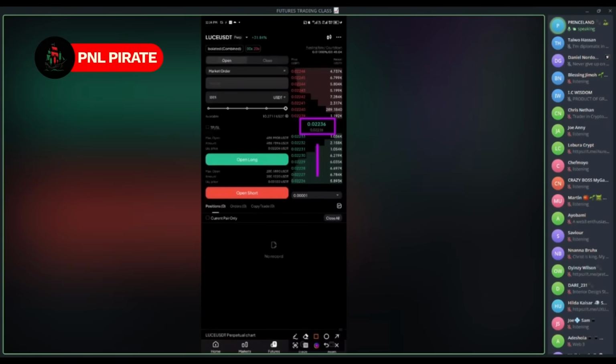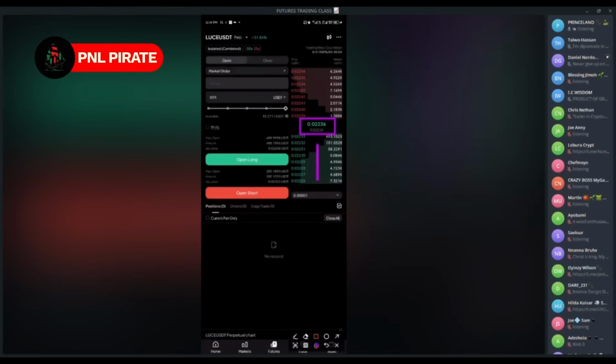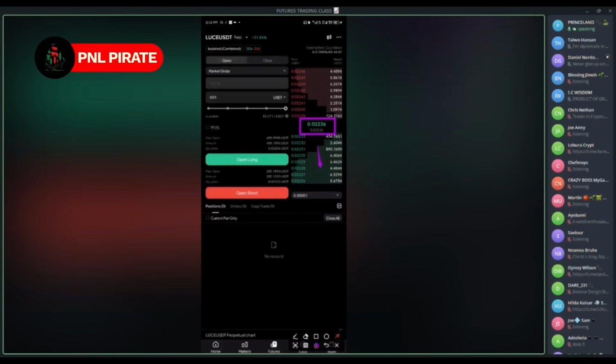If it comes down to 34 and you used long, your money is gone. If you used short and it goes against you by just 2 movements, it's at 40 now. Some of you have been liquidated already. Just 2 movements, your money is gone. If you open a position and you don't know, you are liquidated.